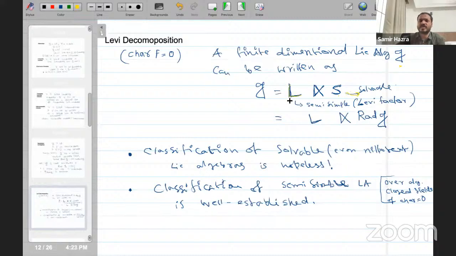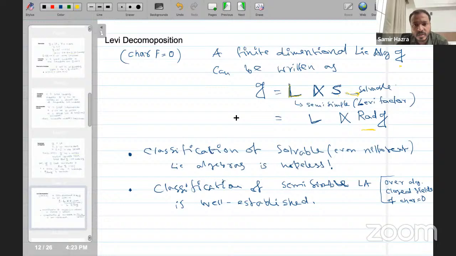So basically, more or less, any Lie algebra is made of a semi-simple Lie algebra and one solvable Lie algebra. This solvable Lie algebra can be taken to be just the radical of G. And this factor is called the Levi factor, which is a semi-simple Lie algebra. There can be more than one Levi factor inside G.